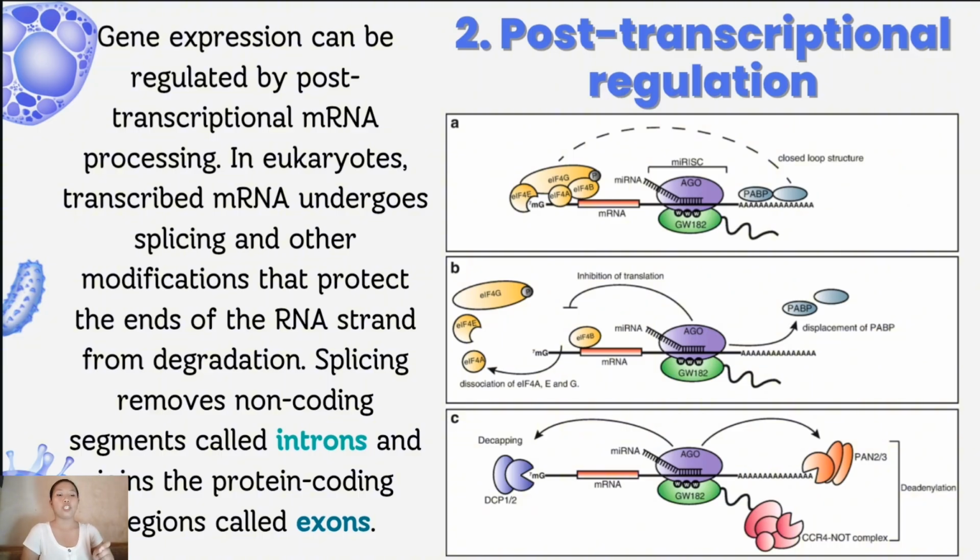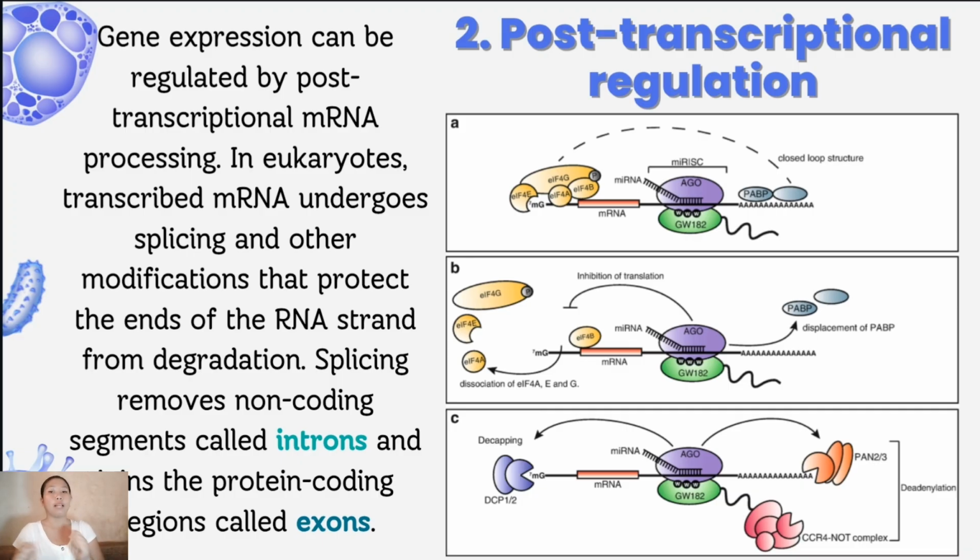Gene expression can be regulated by post-transcriptional mRNA processing. In eukaryotes, transcribed mRNA undergoes splicing and other modifications that protect the ends of the RNA strand from degradation. Splicing removes non-coding segments called introns and joins the protein-coding segments called exons. Once the initial mRNA, or pre-mRNA, is made, it must be edited before it can be used.